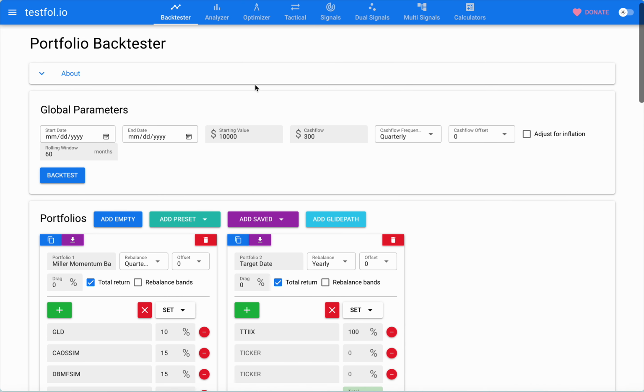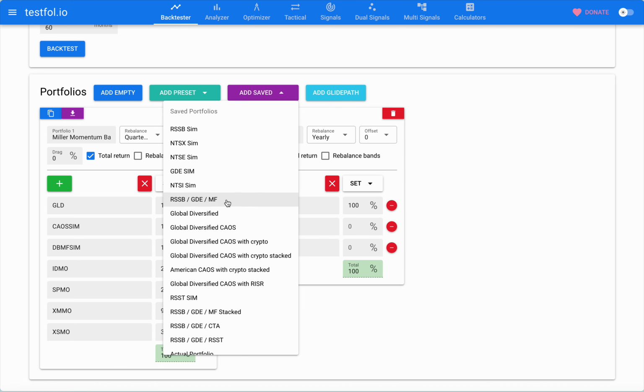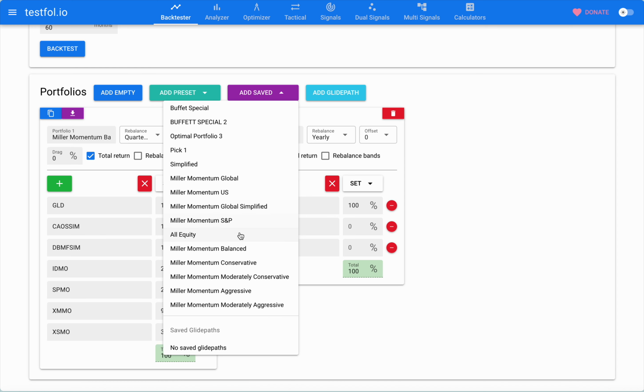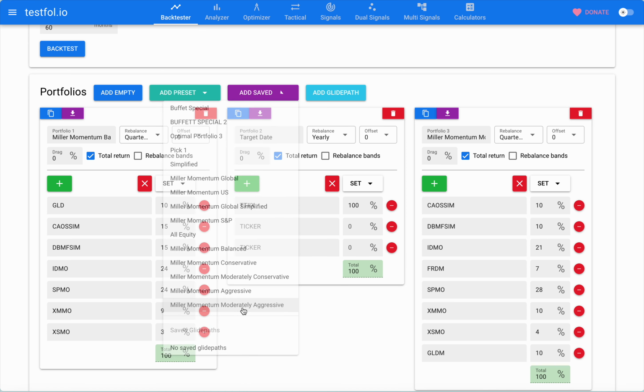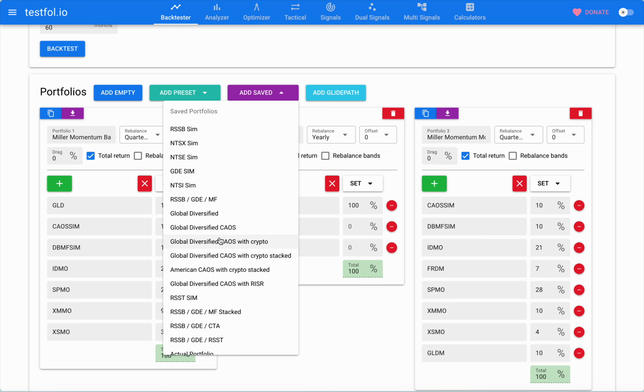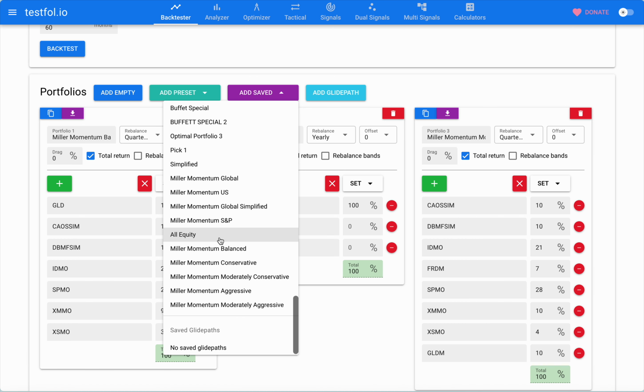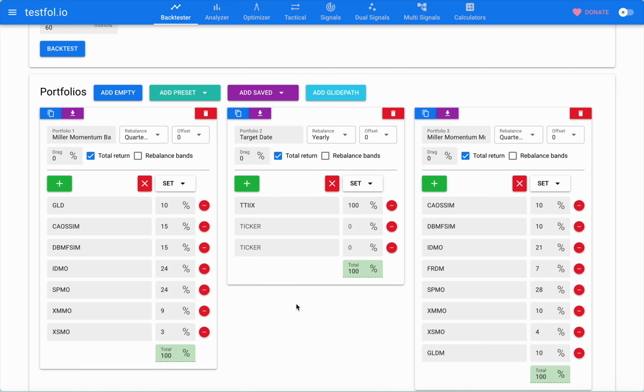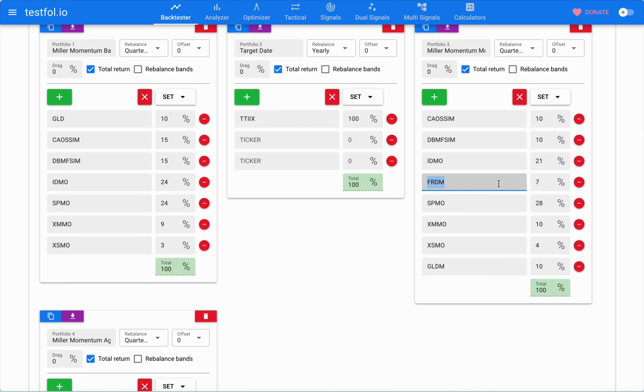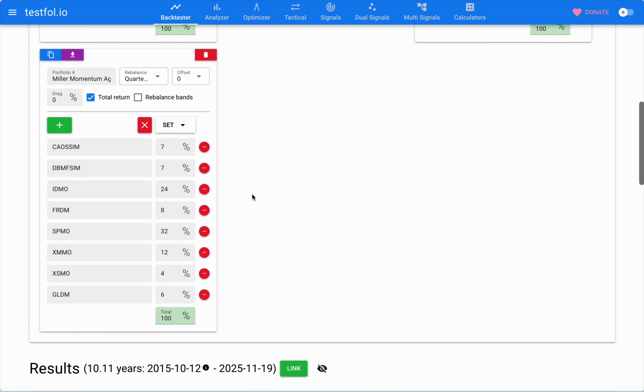Now, let's see how the balanced, the moderately aggressive, and the aggressive compare. Again, we're going to switch out this Freedom ETF and just put it into IDMO so that we can get the full approximate backtest here.